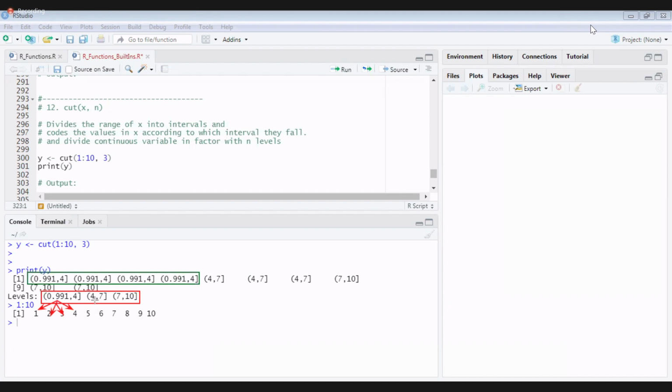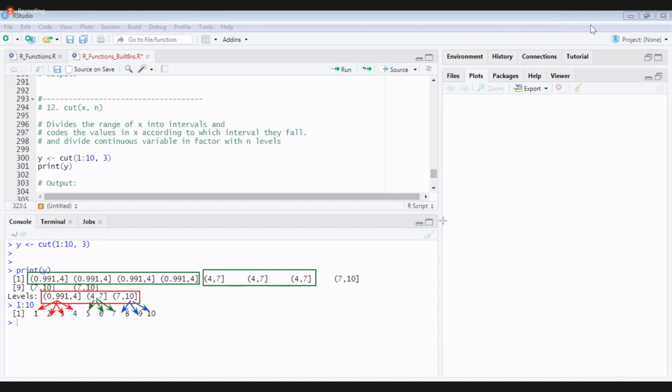Next, whatever falls in the range of 4 to 7, that is 5, 6, 7, those are replaced with the 4 to 7 label. Next, whichever falls in the range of 7 to 10, those are 8, 9, 10.